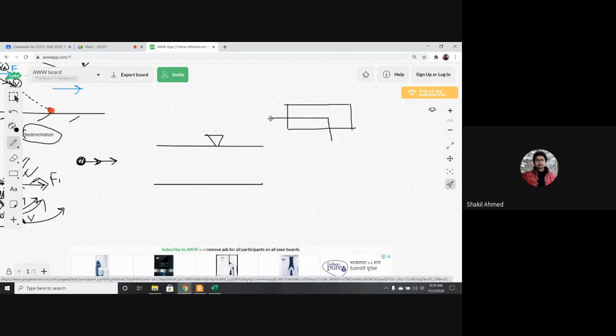This is three-dimensional, right? Water is entering from here and getting out from here.